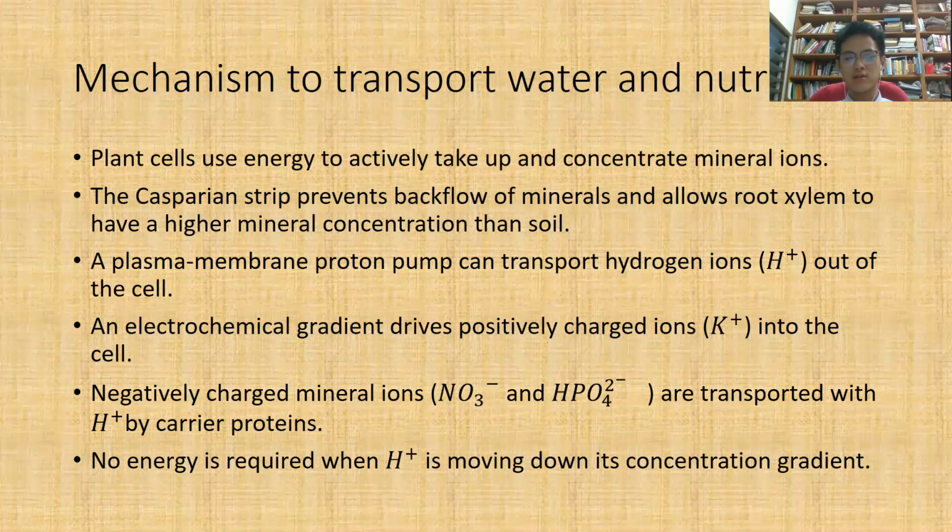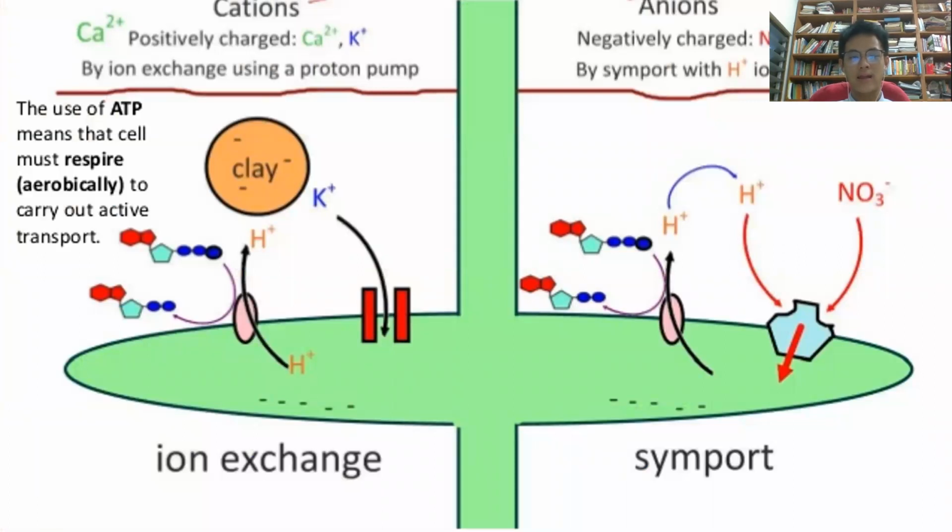Negatively charged mineral ions such as nitrate or phosphate ions are transported with hydrogen ions by carrier proteins. No energy is required when the hydrogen ion is moving down its concentration gradient. We can now take a look at this diagram to get a better intuition of the whole concept.